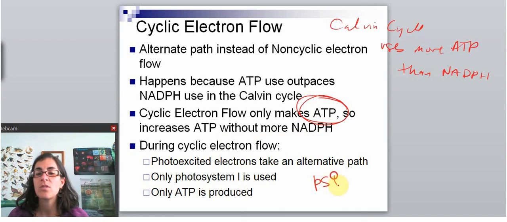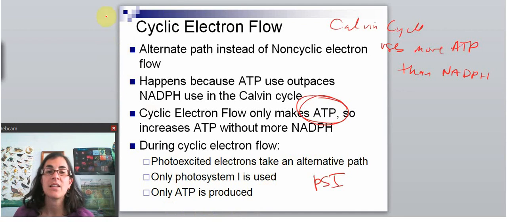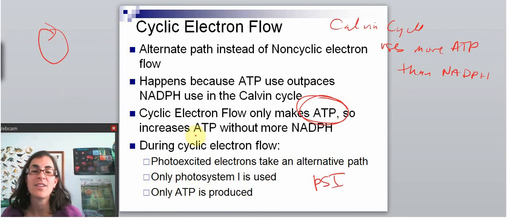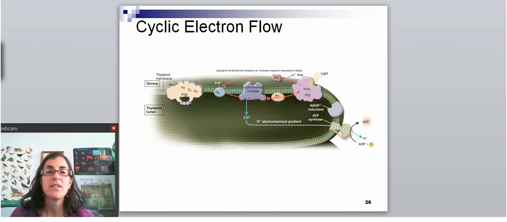So it's only going to use photosystem 1. The electrons are going to flow in a cyclic way. So the electrons are going to make a circle rather than a linear process. And it's only going to produce ATP, no oxygen, no NADPH. And this is what it looks like. It's using the basic equipment still.